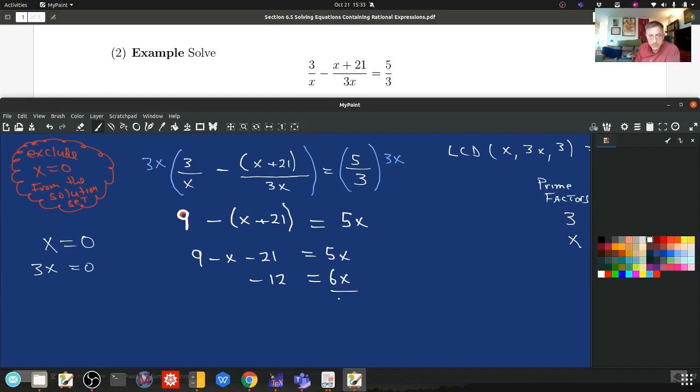And then I simply just divide both sides by 6 to get minus 2 is equal to x. So I'll make a quick check up here. And minus 2 isn't any of the values I need to exclude, so I'm done. x is equal to minus 2.